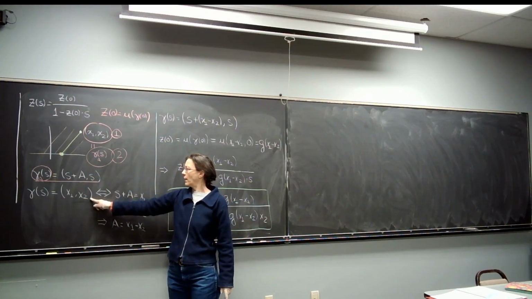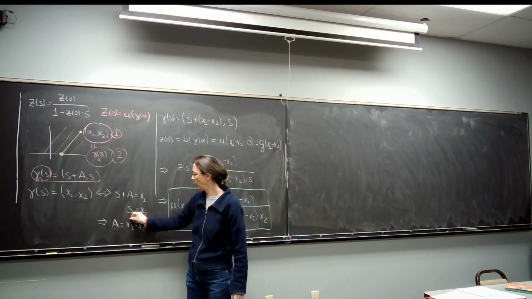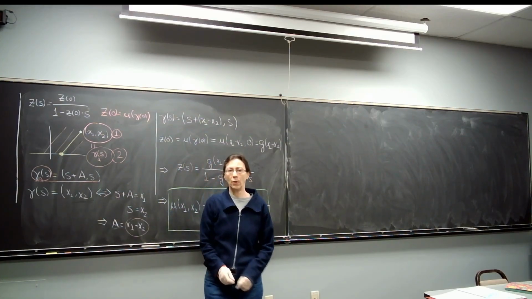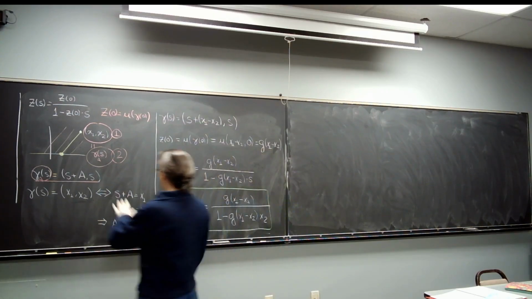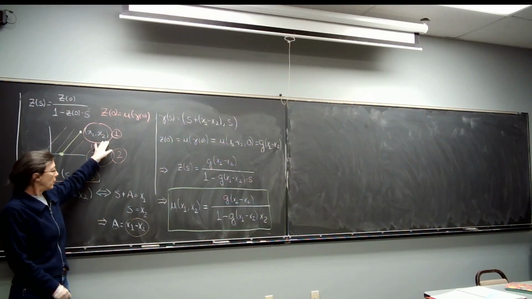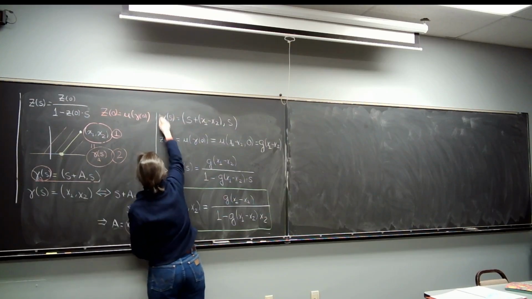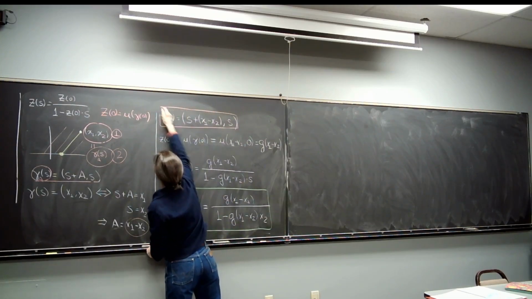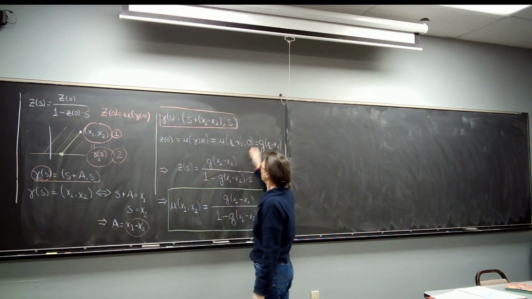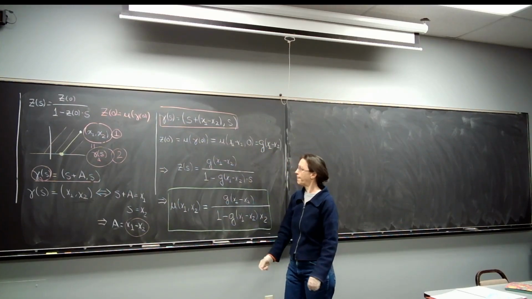If s is equal to x2, then a has to be equal to x1 minus x2. So if you start here with the given point, this is the unique curve that passes through that point.